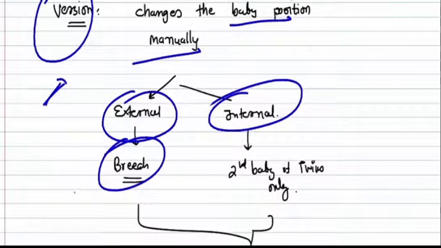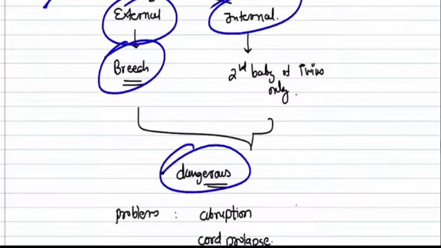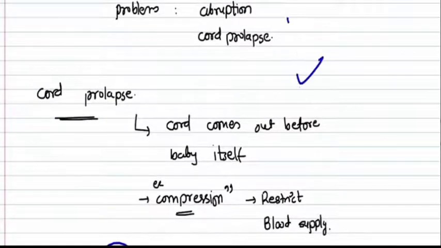Internal version, the only indication remaining today is the second baby of twin pregnancy. But believe me, these maneuvers are not very safe and they can be dangerous for the baby. Placental abruption and cord prolapse can happen anytime. So you should not go for this unless you are very, very experienced.